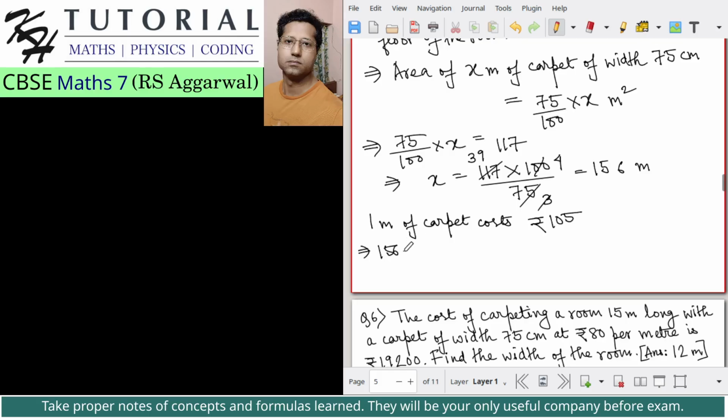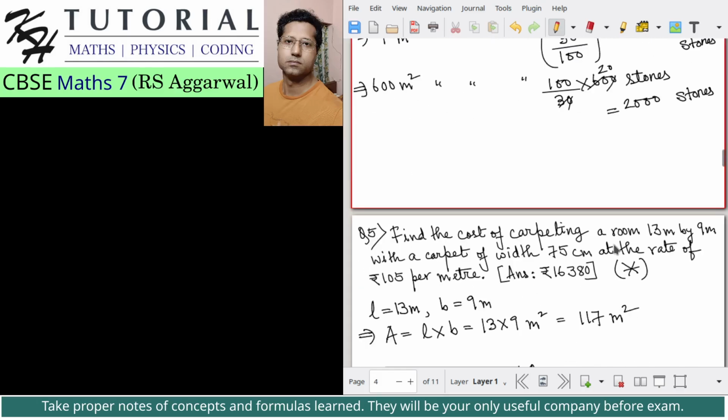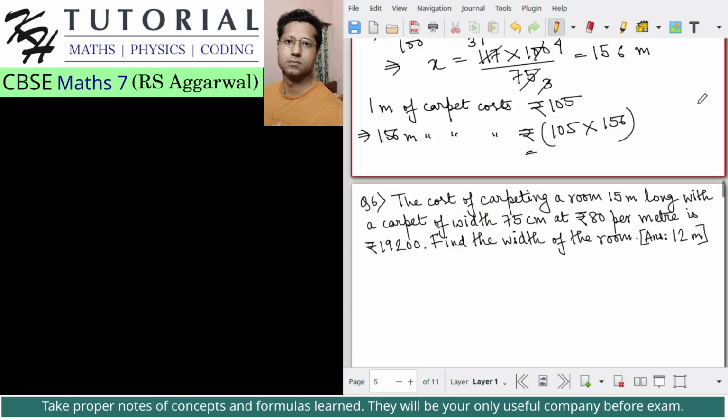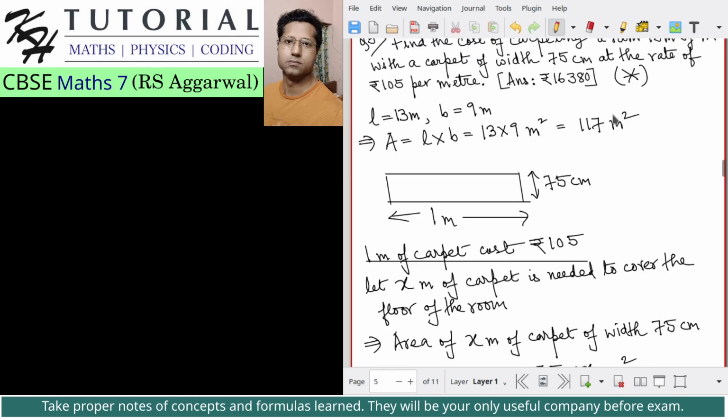So 156 meter of carpet will cost rupees 105 multiplied by 156. My goodness, 105 multiplied by 156.